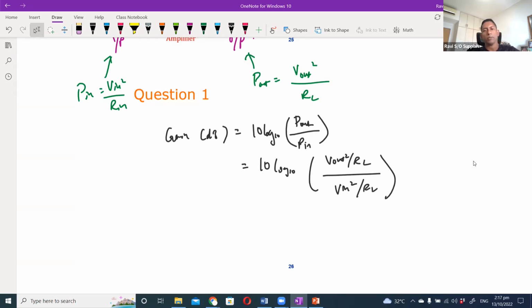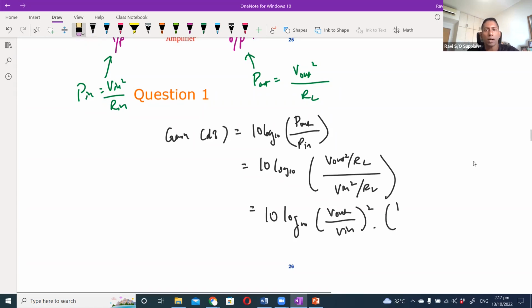Then if you simplify this expression, what you'll get is 10 log to the base 10 of (Vout over Vin) squared multiplied by, sorry, this is Rin, Rin over RL.